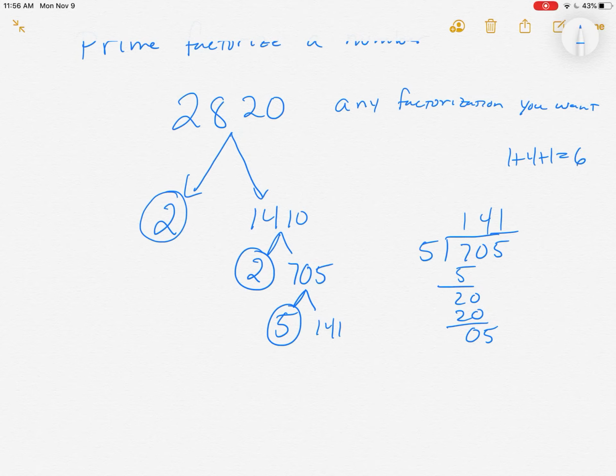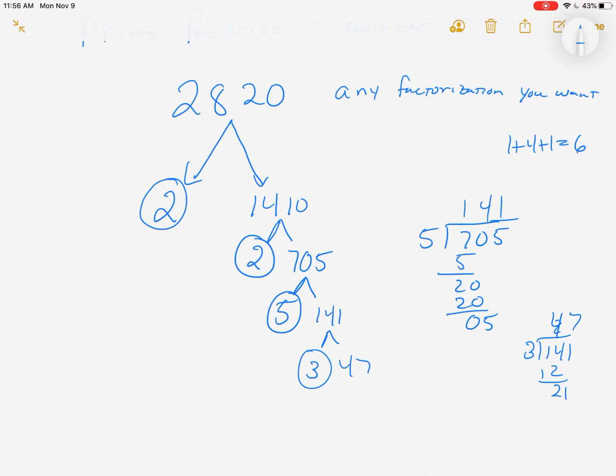So we're going to take 3 into 141. And 3 goes into 14. 3 times 4 gets me close to 12. And we get a 47. Now let's think about 47. I don't think 47 can be broken down. I think it's prime. It's definitely not divisible by 2, 3, 5, no.